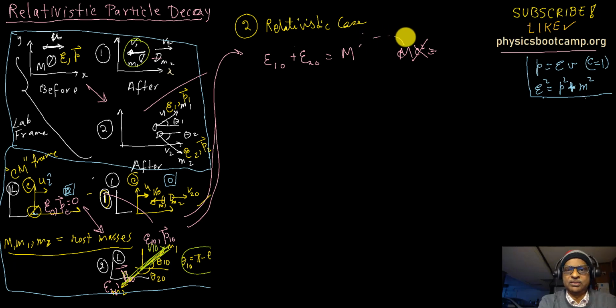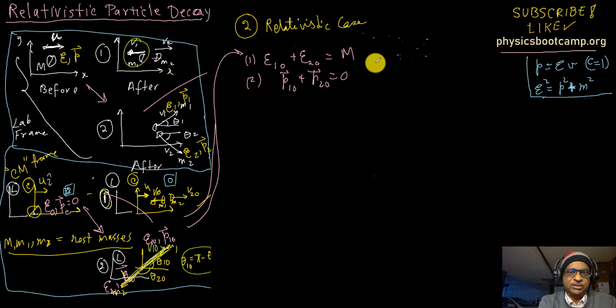So this is equation 1 I get. But in terms of momentum, they will have to cancel. For momentum, we get P10 plus P20 equal to 0.